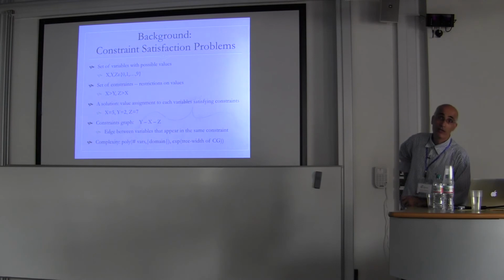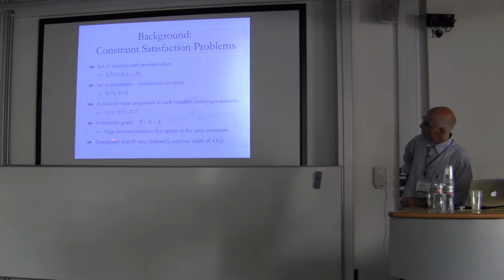When we have a constraint satisfaction problem, it's important to define the constraint graph, which is a graph that has as its nodes the variables, and there's an edge between variables that appear in the same constraint. So you see here, x and y appear in the same constraint, so there's an edge between them. Z and x appear in the same constraint, so there's an edge between them.